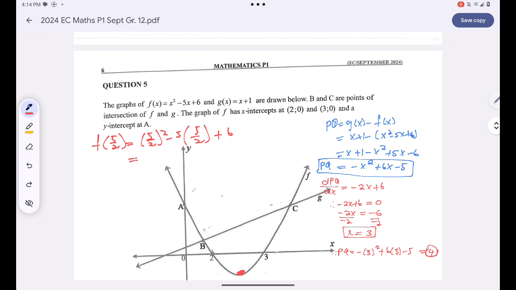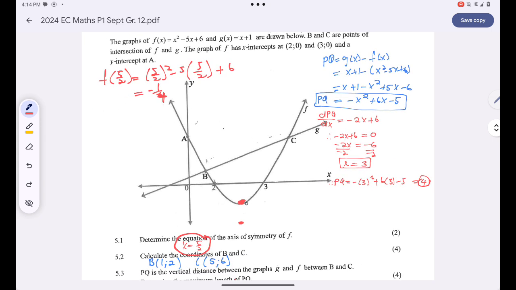This will give us the value of y. So the corresponding value of y is negative 1 over 4.